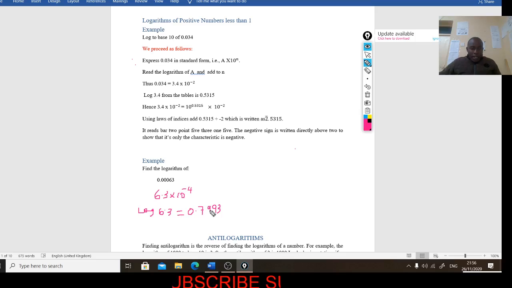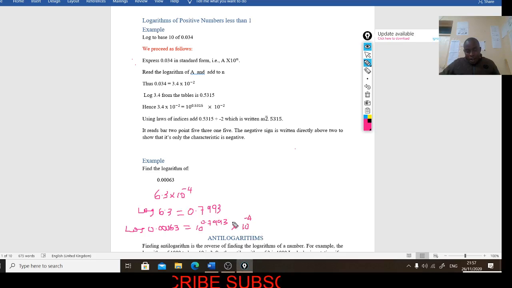So after finding 0.7993 as my logarithm of 6.3, now I will have the logarithm of 0.00063 equal to 0.7993 times 10 to the power of negative 4.